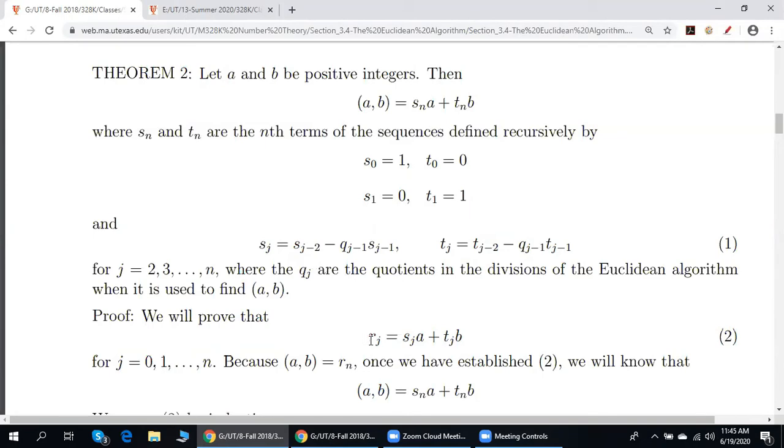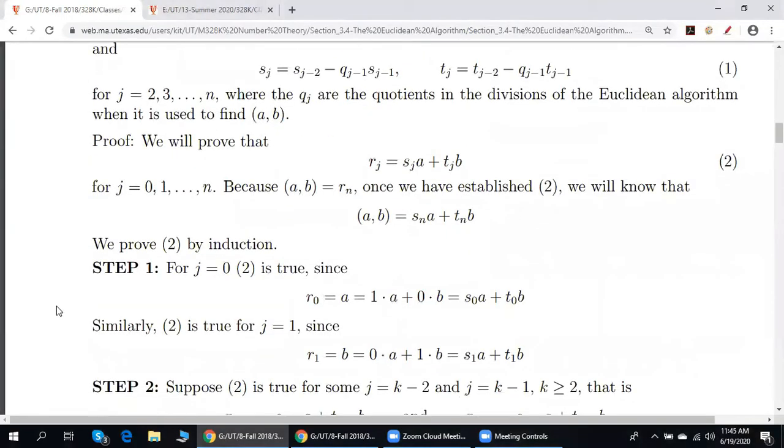Next, how do we prove this? We will prove it by induction. Step 1. For j is equal to 0, this is true, since if j is equal to 0, the left-hand side becomes R0.